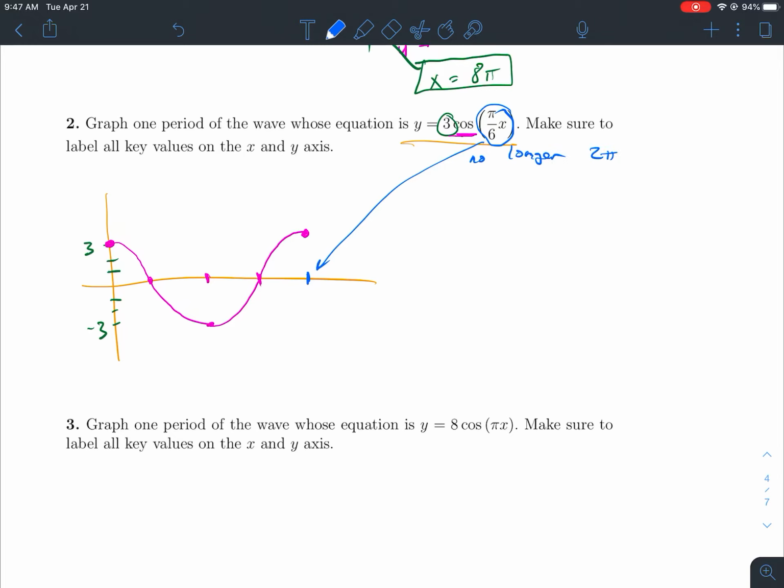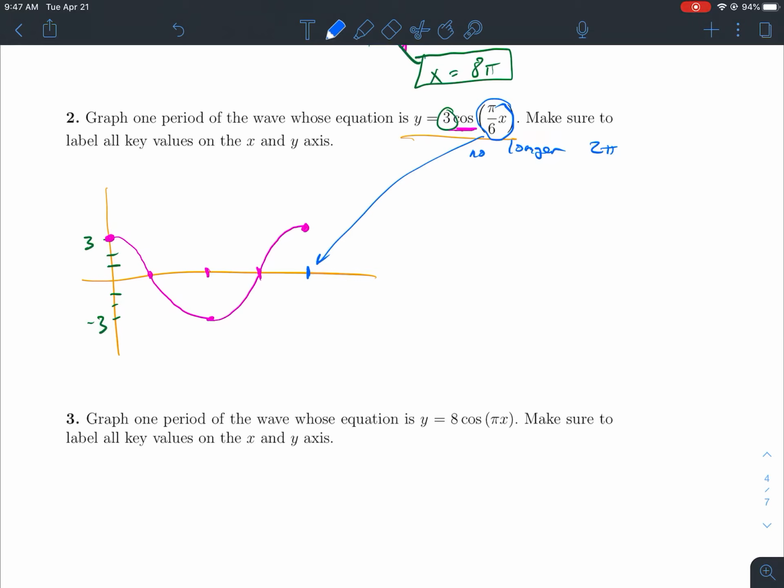So the way that we calculate the inside is we want to make this pi over 6x equal to 2 pi. So let me write that down. The cosine graph will repeat on the condition, or when, this inside function here is equal to 2 pi.